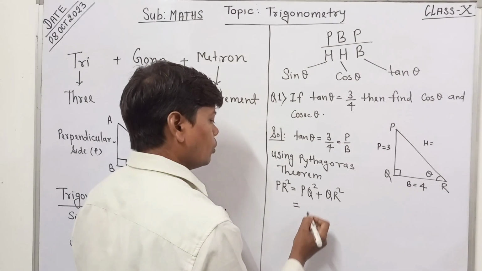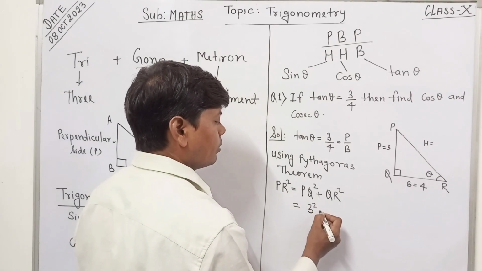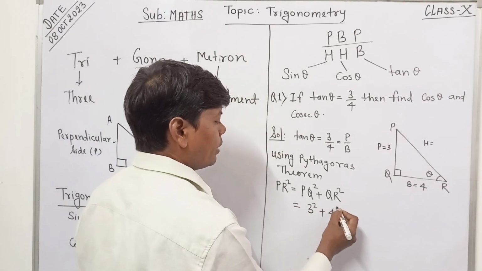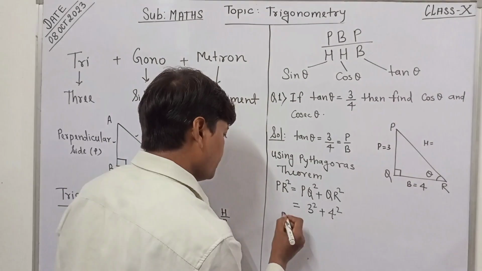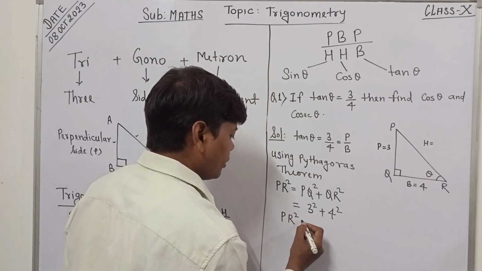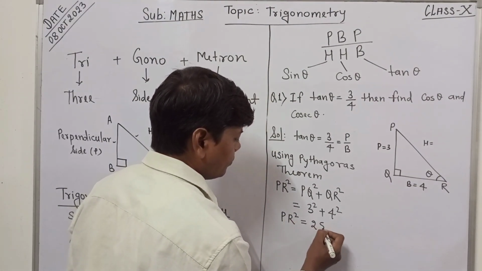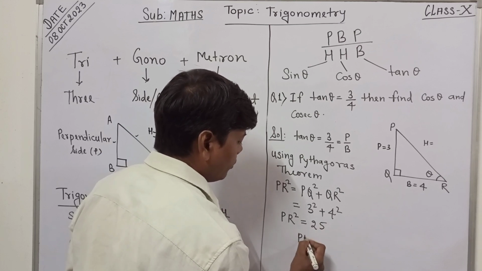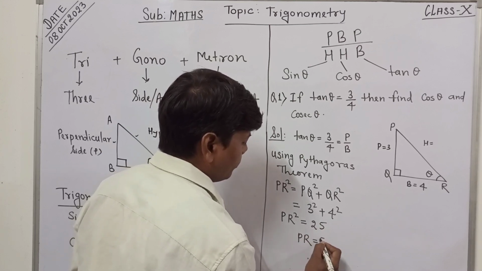Substituting the values, we get 3 square plus 4 square. It means PR square equals 25, so PR will be 5.